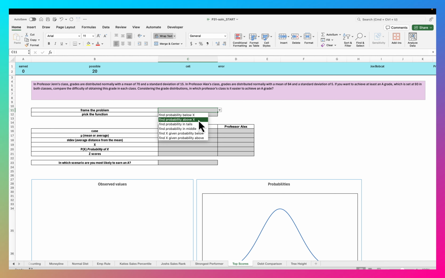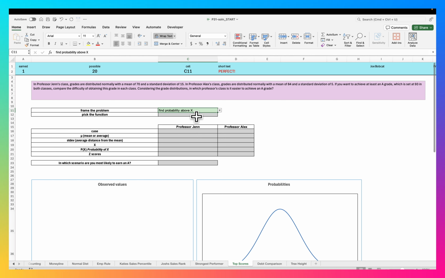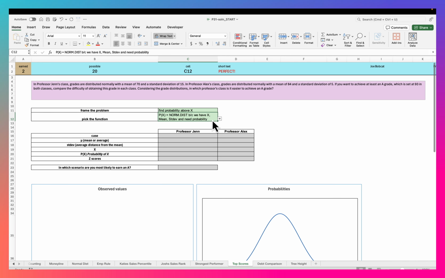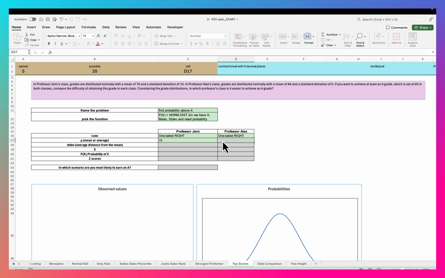So this is kind of neat. This is going to be find the probability above x, right? In other words, what's the probability that a given class member is above the 93? Pick the function. It's going to be norm.dist. Professor Jen is going to be one tail right. Alex also one tail right. The mean in Jen's class is 70, in Alex's class it's 84.